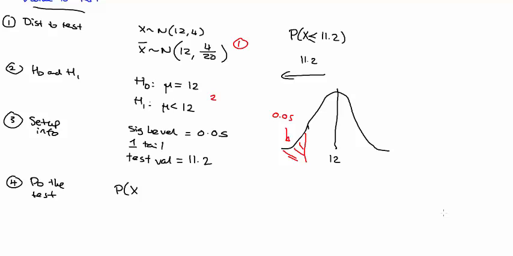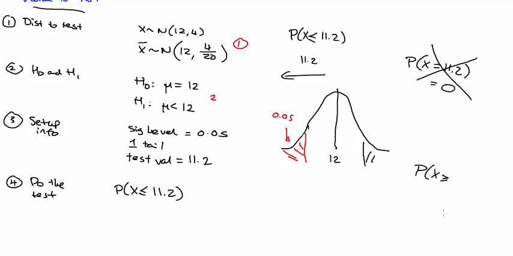And it doesn't matter if you do less than or equal to on a normal distribution, because remember, this is a question they sometimes ask: what is the probability of x equals 11.2? The value of anything equaling is 0, but ignore that for now. That's a little side thing. So let's test what less than 11.2 is. If we were testing on the higher end, by the way, we'd be testing greater than 11.2. But we're not.